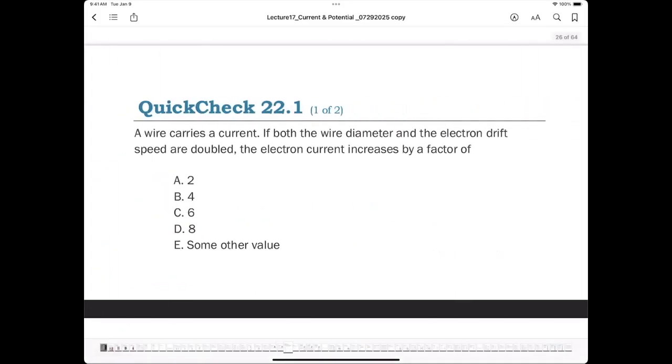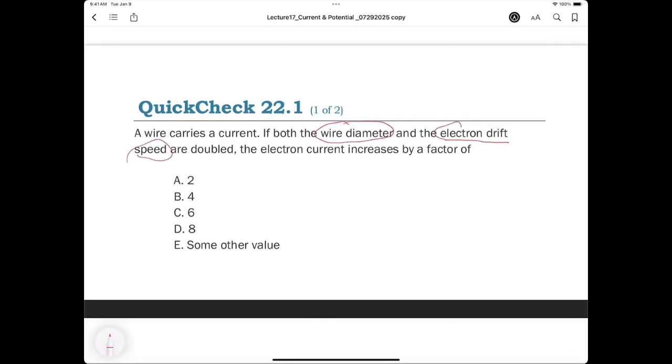Let's check some quick check questions. A wire carries a current. If both the wire diameter and the electron drift speed are doubled, the electron current increases by a factor of what?